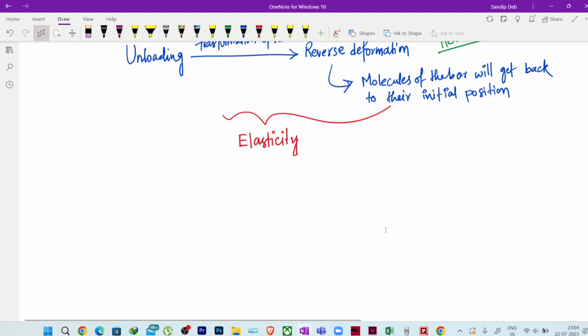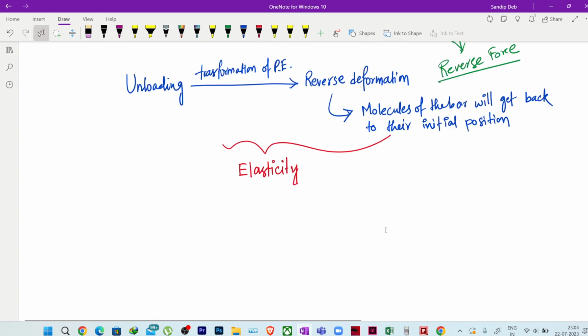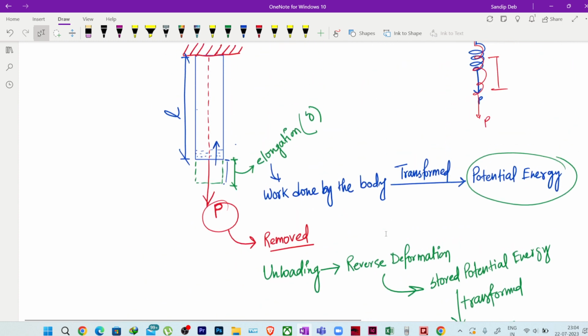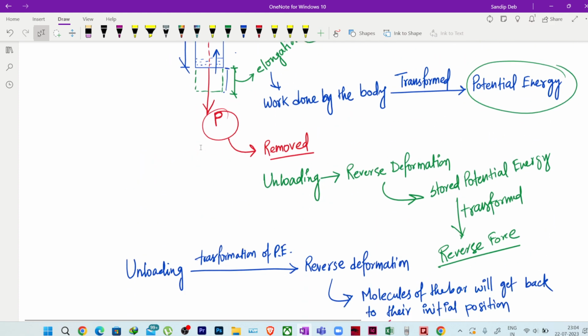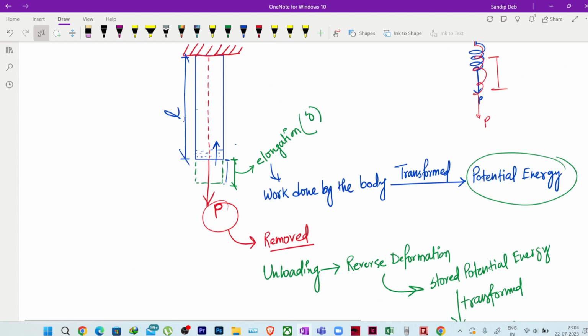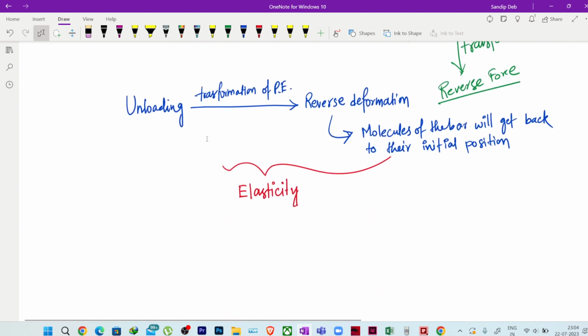Now if the bar is capable of achieving its initial condition after the unloading completely, then we can say this is the ideal elastic object or material. So I will write it here.